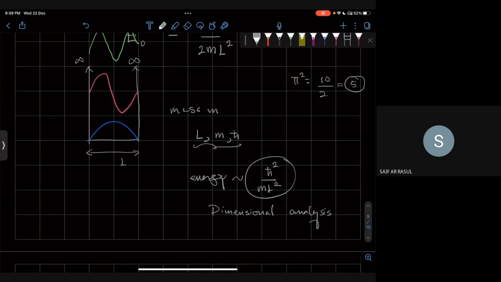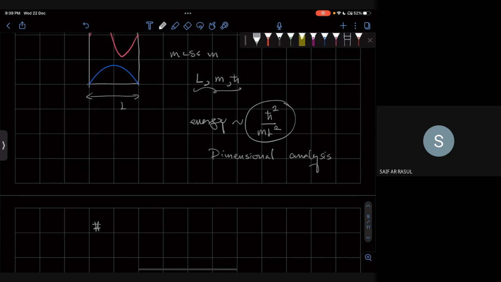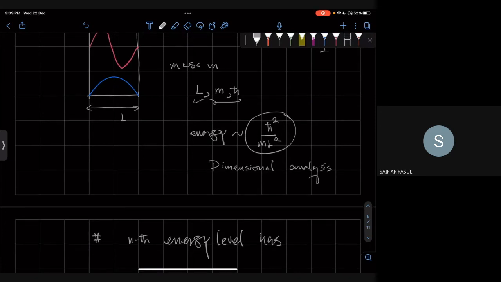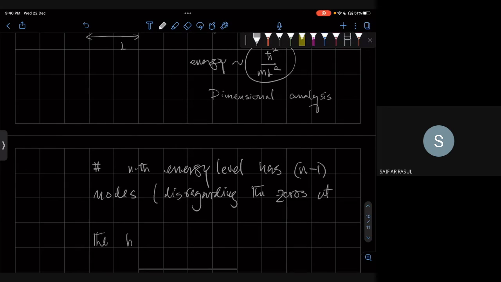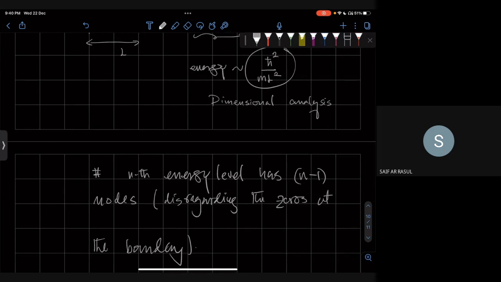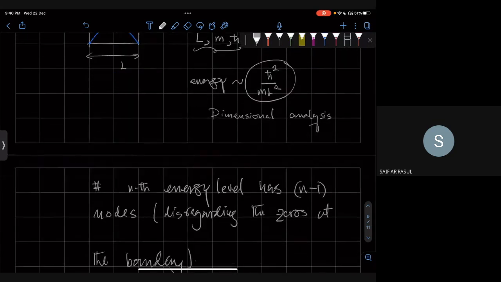So what we see is that the nth energy level has essentially n minus 1 nodes, disregarding the zeros at the boundary, right? And this is going to be a generic feature of one-dimensional systems, okay? So the ground state will have no nodes whatsoever, right?